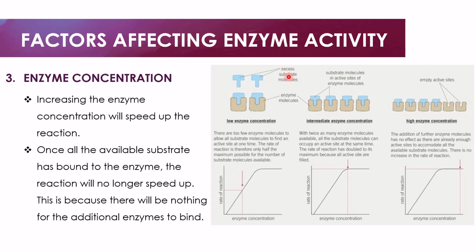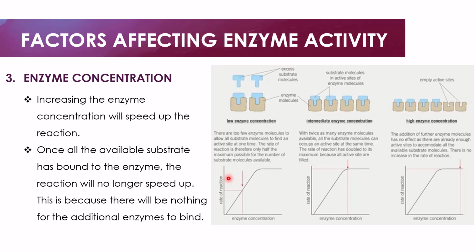So these are the excess substrate molecules over here with few enzyme molecules. And as there are too few enzyme molecules to allow all the substrate molecules to find an active site at one time, the rate of reaction is therefore half the maximum rate of reaction.